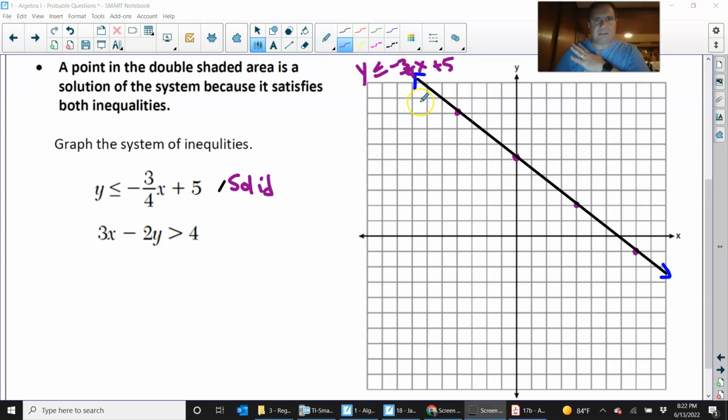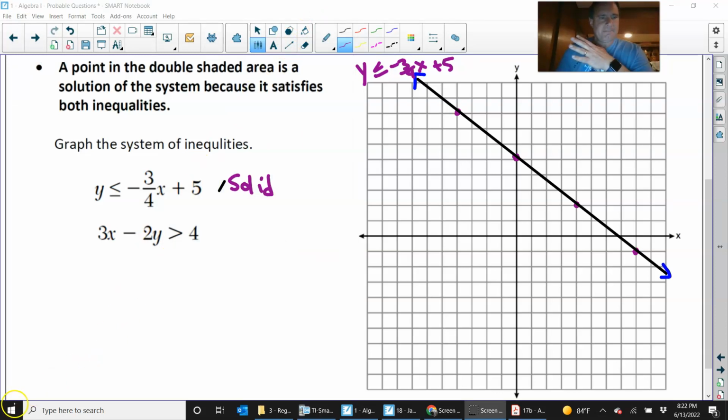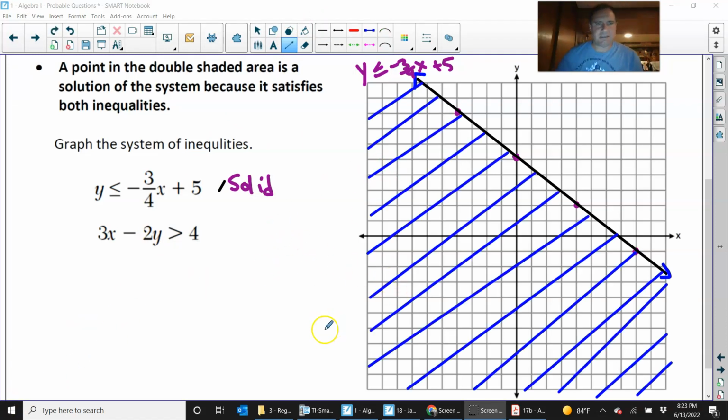I'm going to label that line y is less than or equal to negative 3 over 4x plus 5. All right. I am going to make sure in my calculator where I'm going to graph it's less than, so that means it is shaded down. Okay, so that is shaded down.